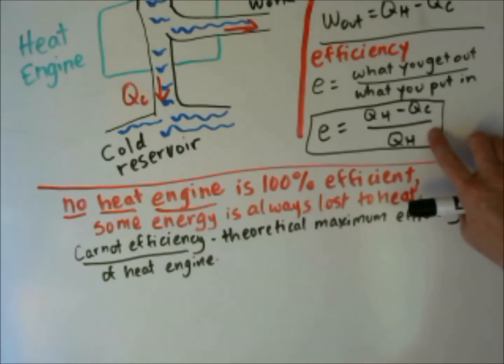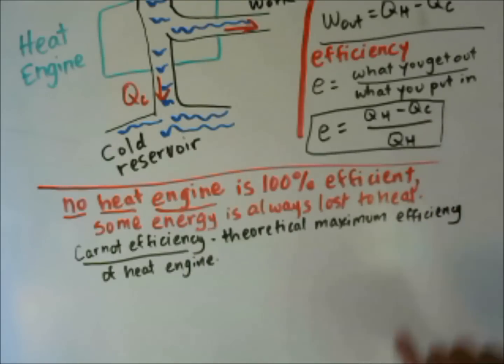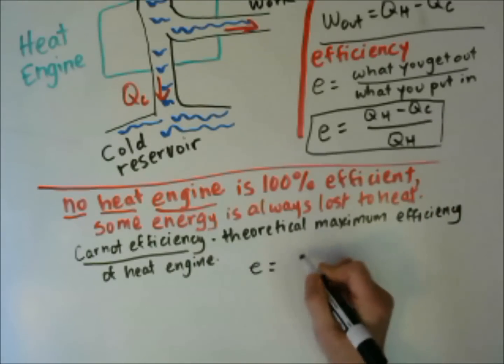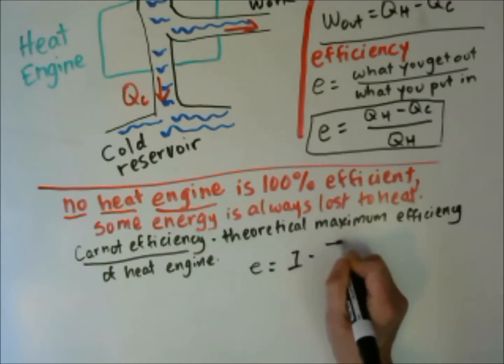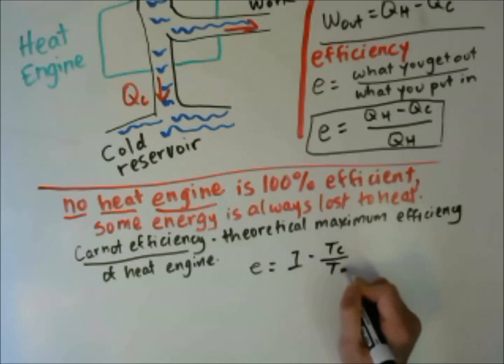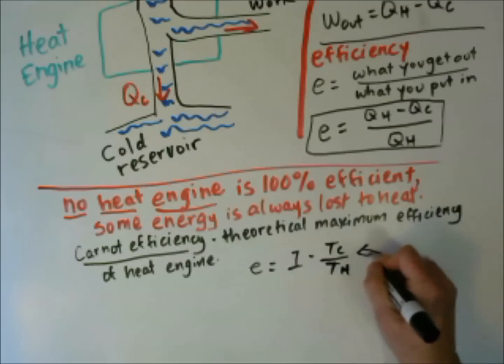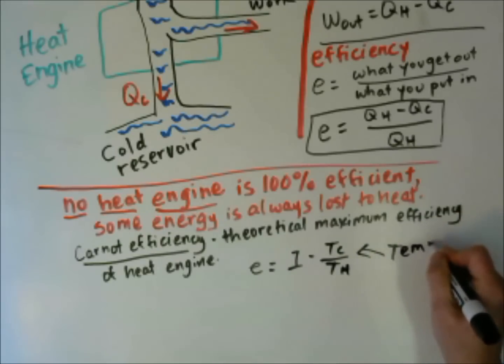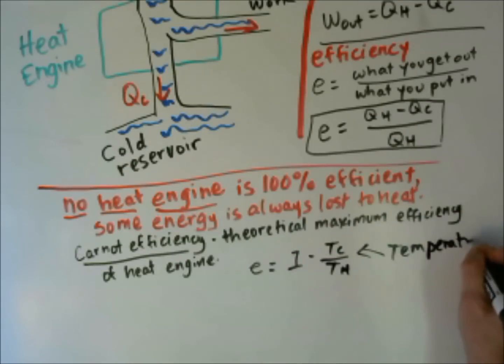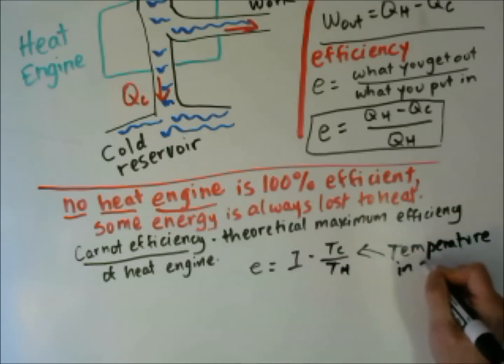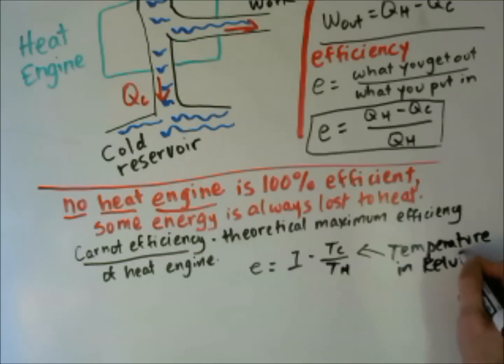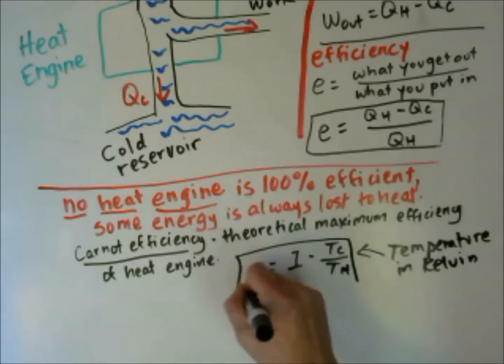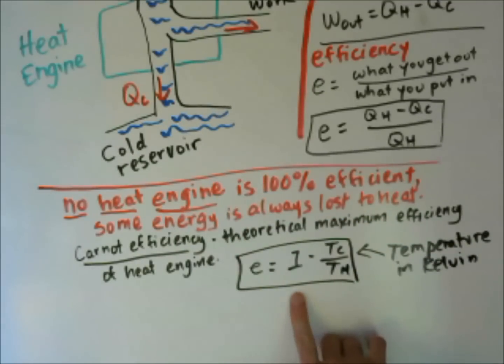In this case, because heat and temperature are directly proportional, we're actually going to have a result that uses temperature instead of heat. So the Carnot efficiency is 1 minus Tc over Th. And this temperature must be in Kelvin.